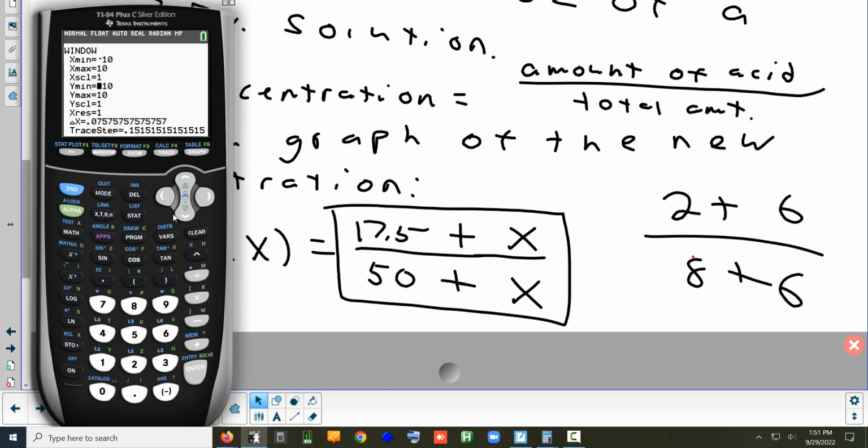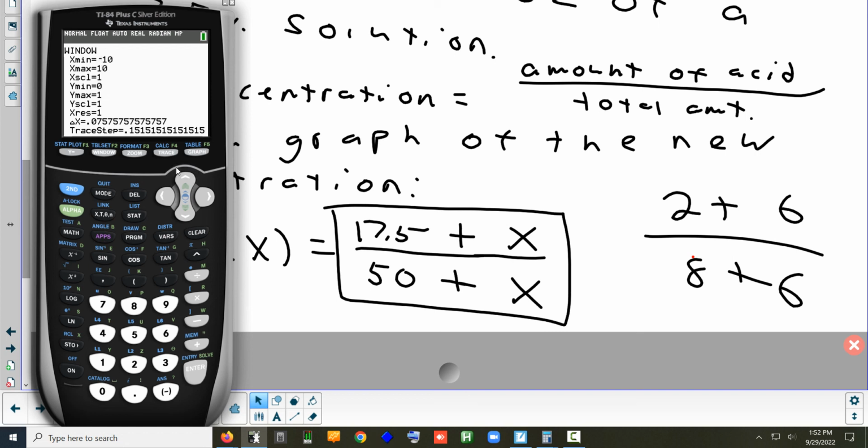Concentration is going to be between two numbers. You could think of it as a percent, but I need to think of it as a decimal. 0 and how much? 0.1 would be 10%. So the concentration has to be between 0 and 1.